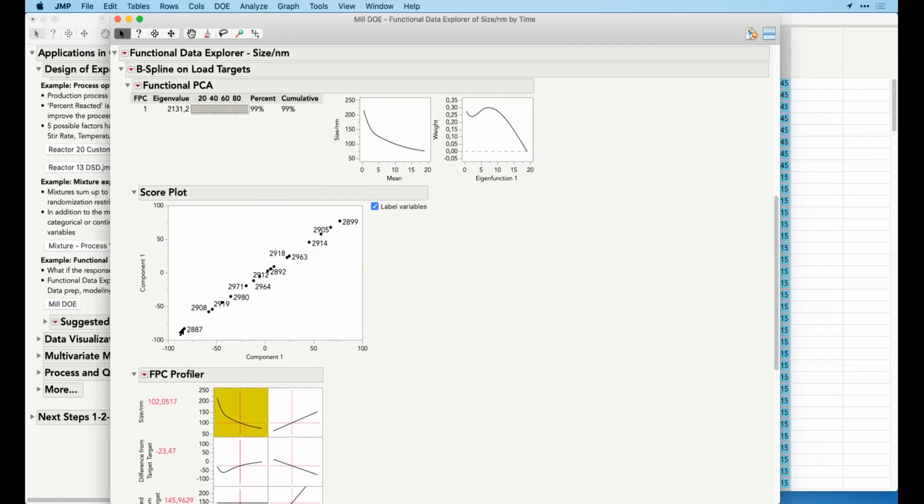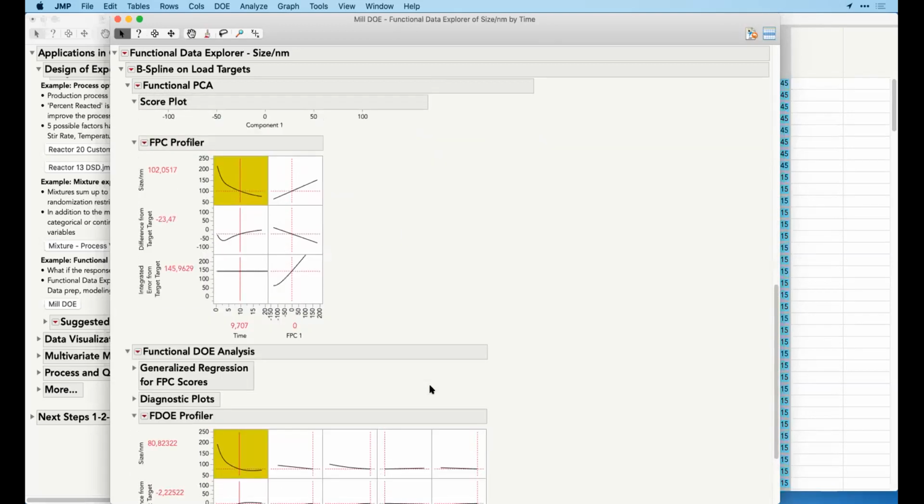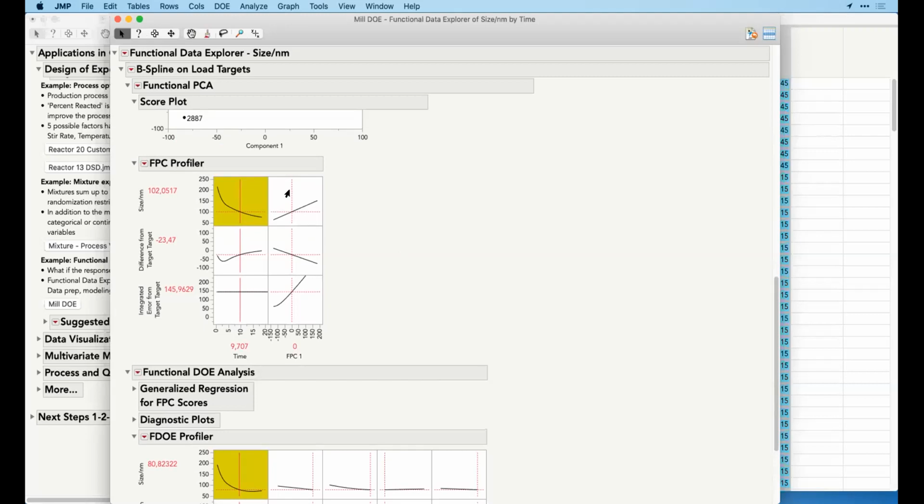We can also subtract this component, or we can add this component, yielding such a function. And this tells us how much of this component we should add to see a certain curve as the response.